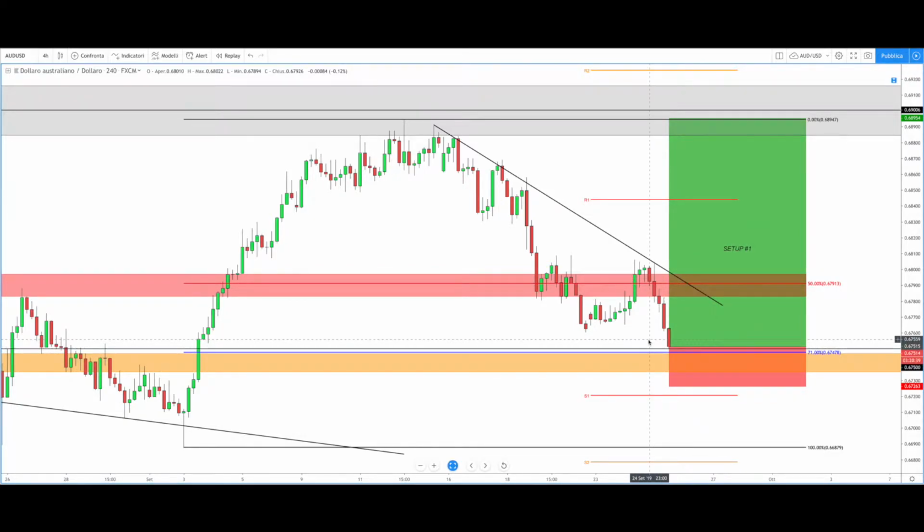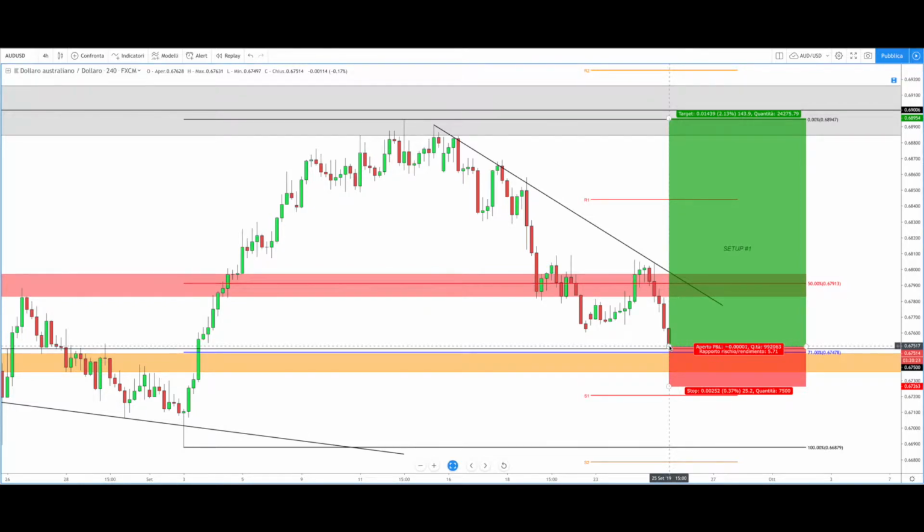So in this case, we don't need to hurry about this trade because now the price has activated this setup 1. We need only confirmation of our entry.